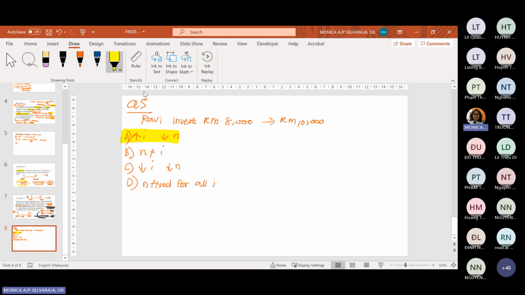The higher the interest rate will lower the number of years. So why will it lower the number of years? I want to show an example.